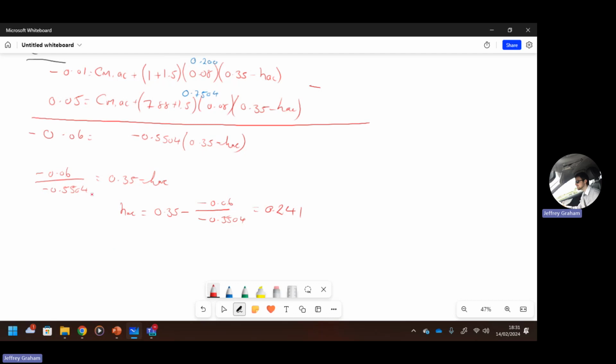Right. The other one that needs is its coefficients. We get minus 0.01. It's just substituting this back in, either equation. That is now 0.241.